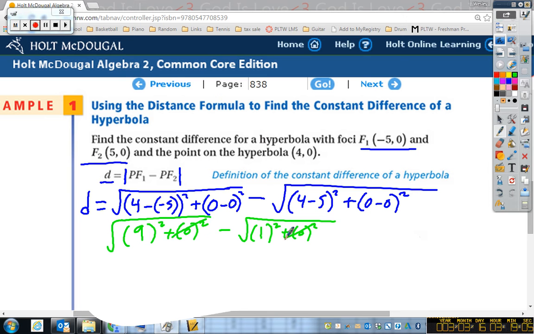So I have 9 squared, and then I'm taking the square root. My square root and my square cancel out, as long as that number's positive. The number's already positive, so 9 squared is 81, square root it, I get back to 9. Minus 1 squared is 1, square root back to 1. So I get 9 minus 1, which is 8. So my constant sum for this one would be 8.